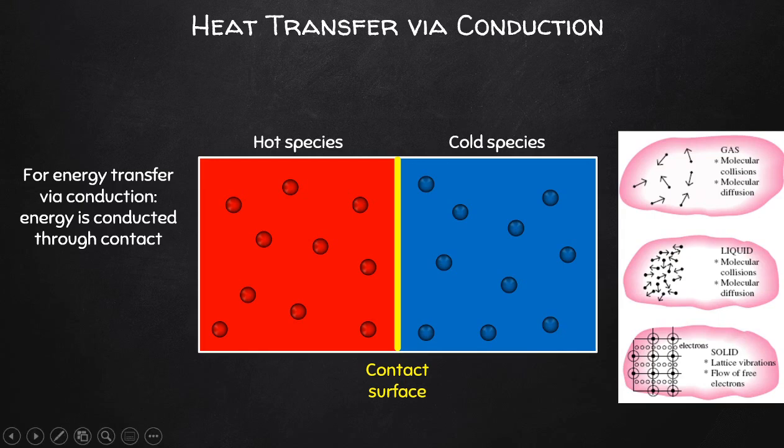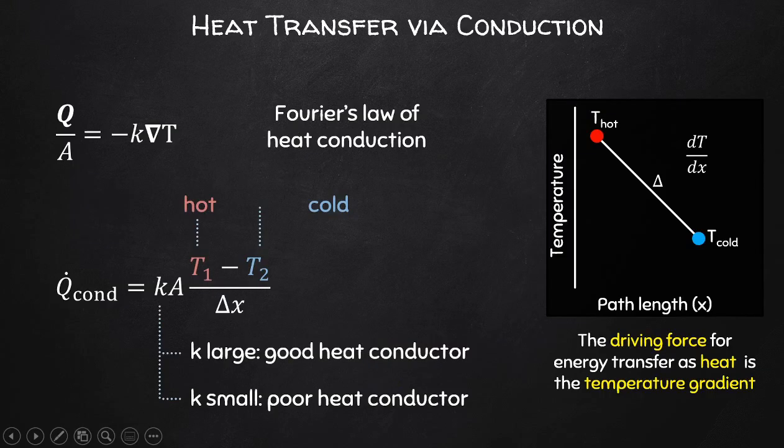Okay, so we've spoken about the driving force of conduction. This is the temperature difference, while the thermal conductivity tells us how easily or how difficult energy is transferred through a substance. Okay, so gold would have an easy time, whereas air would have a very, very difficult time, irrespective of what the temperature difference is.